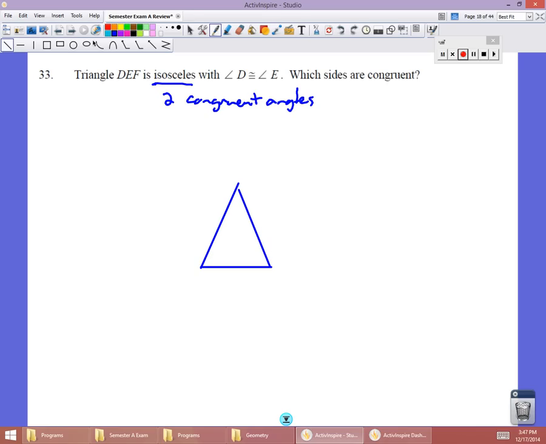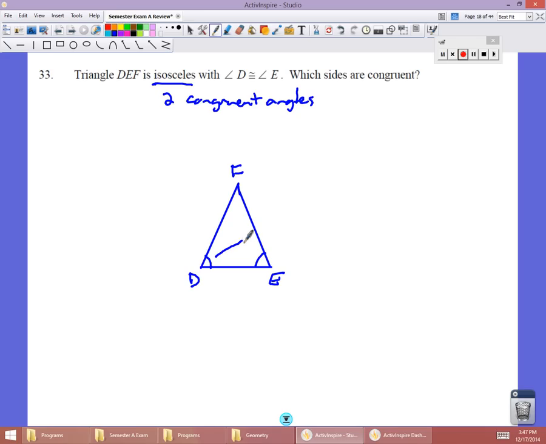Alright, so in our triangle, it says angle D is congruent to angle E. So we're going to label these D and E. And that makes F right here, because it tells us that it's triangle DEF. It says these angles are congruent. Which sides are congruent? Well, in an isosceles triangle, the congruent sides are across from the congruent angles.